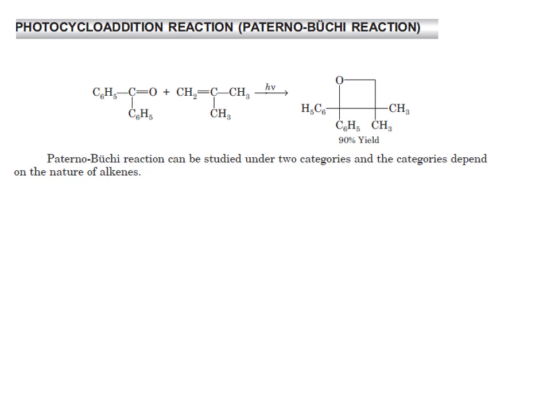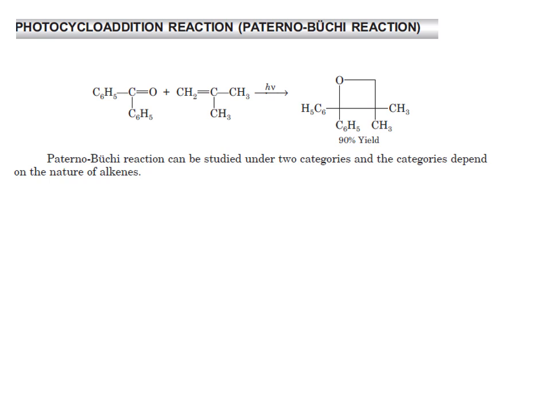Now this is another important class of reaction, that is the photocycloaddition reaction or Paternò reaction. This photocycloaddition reaction is one of the first photocycloaddition reactions to be studied. It was the formation of oxetanes from addition of carbonyl compounds to alkenes. So this reaction is very well known as the Paternò reaction.